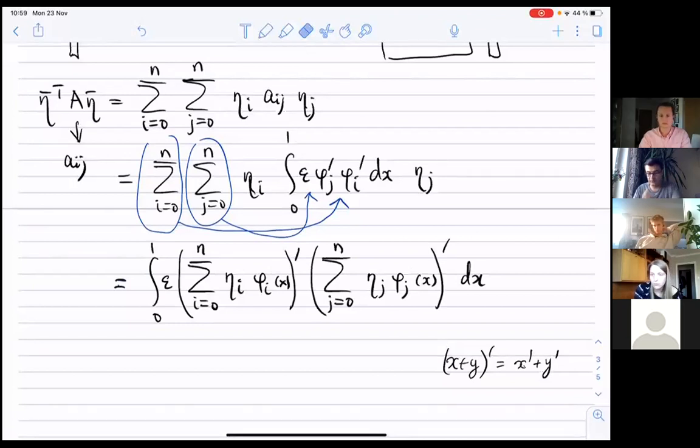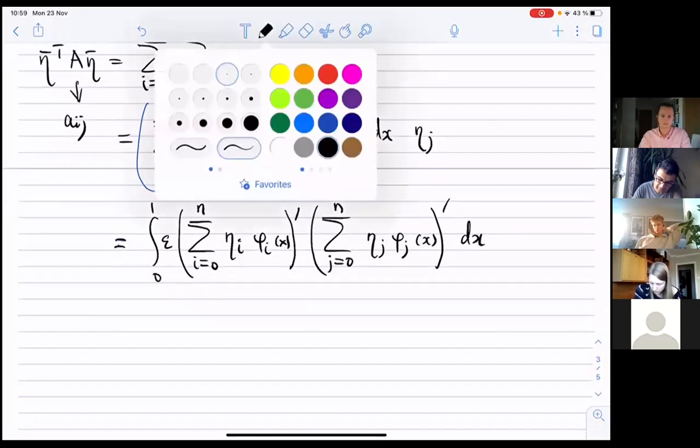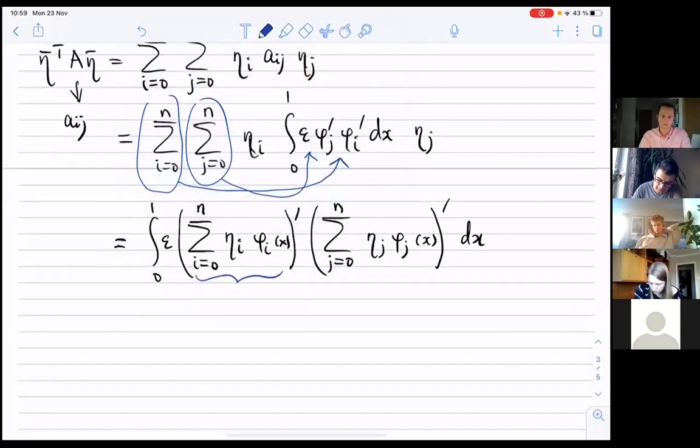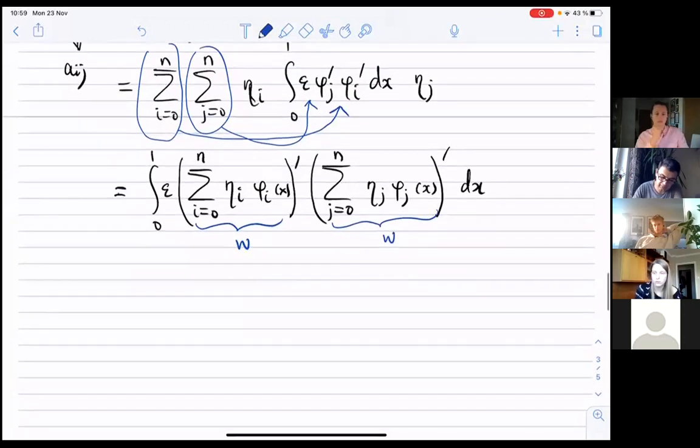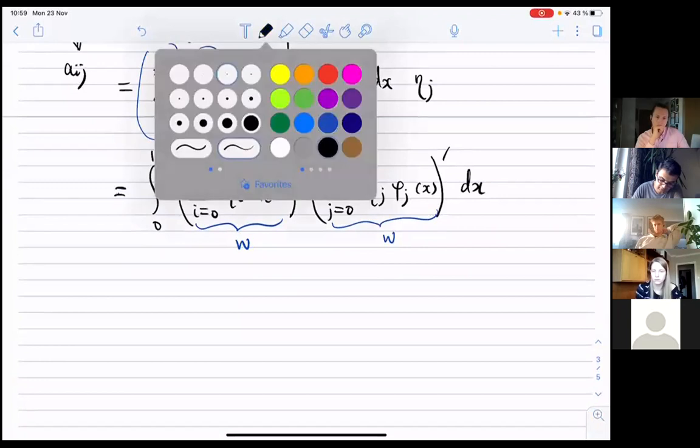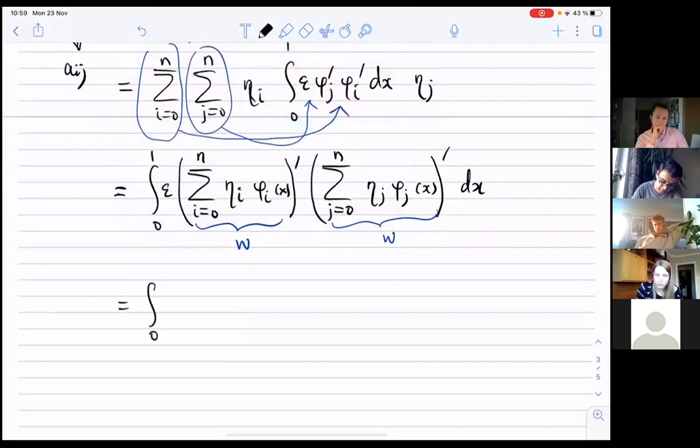All right. So what do we get? We know that this linear combination is our W. So the other linear combination is also W. And we get the following equality: integral 0 to 1 of epsilon W prime dx.